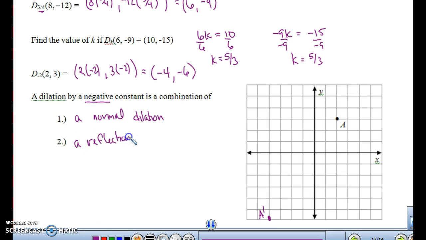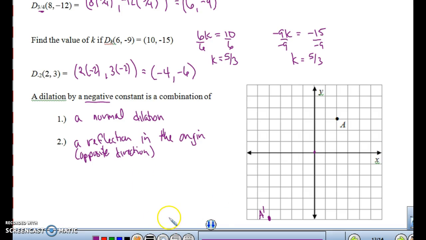So instead of being 3 times to this side of the origin, we're 3 times the opposite side. So this is a reflection through the origin, so it goes the opposite direction. So the negative just makes it go in the opposite direction. The factor is still the same.